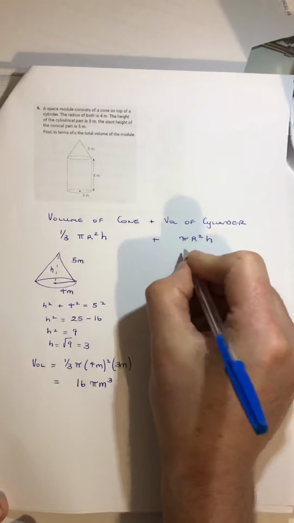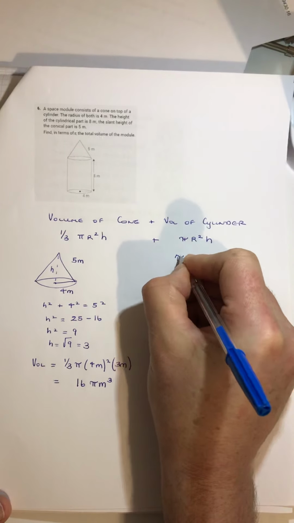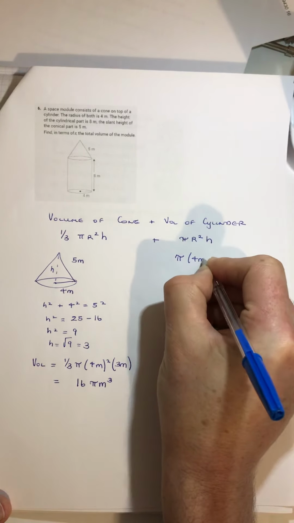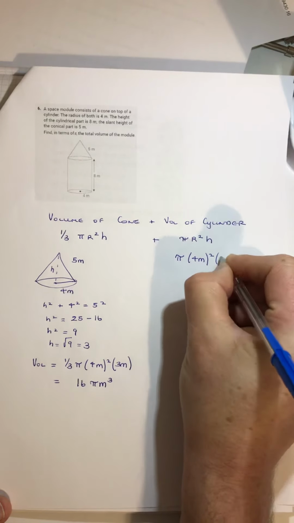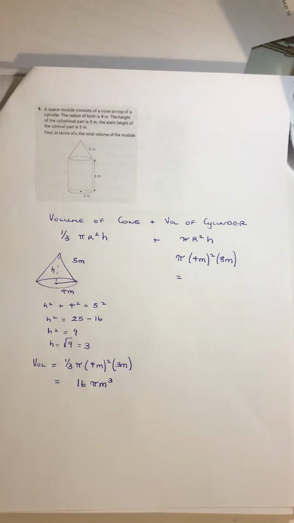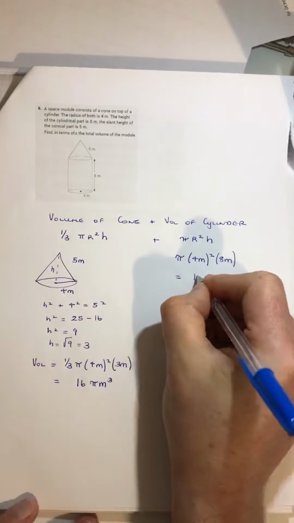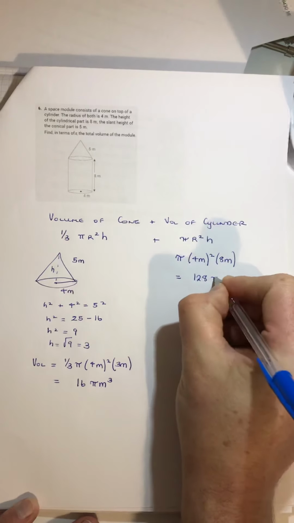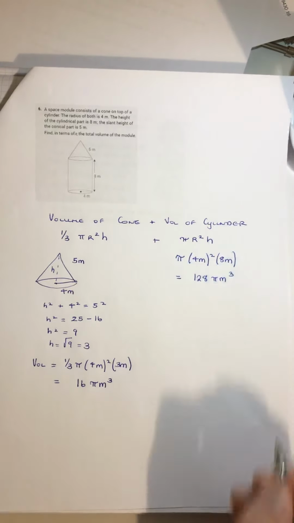And for the cylinder then, pi again is pi. We know the radius is 4 meters squared, and we know the height is 8 meters. Let's multiply again, and we get 128 pi meters cubed.